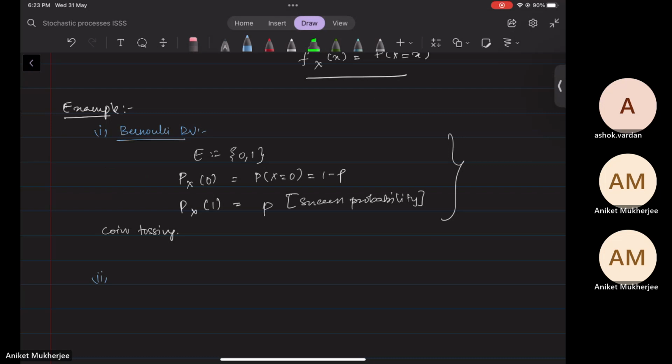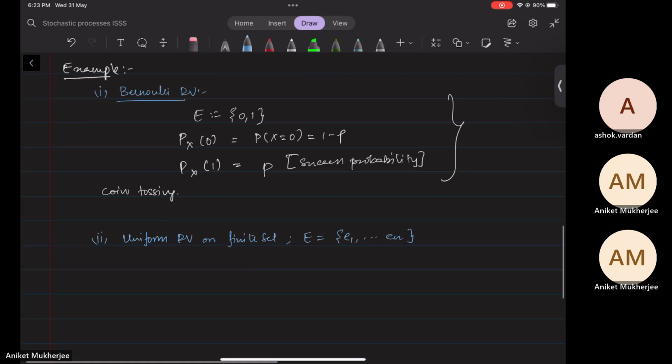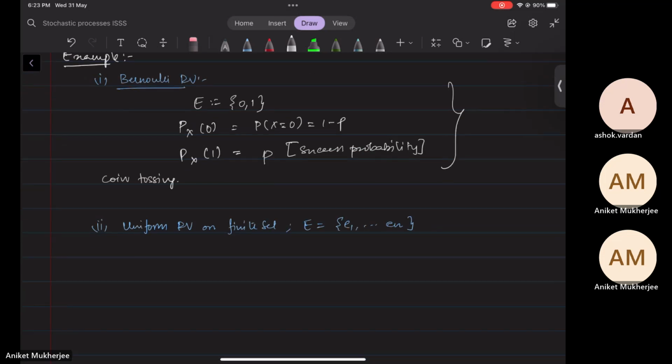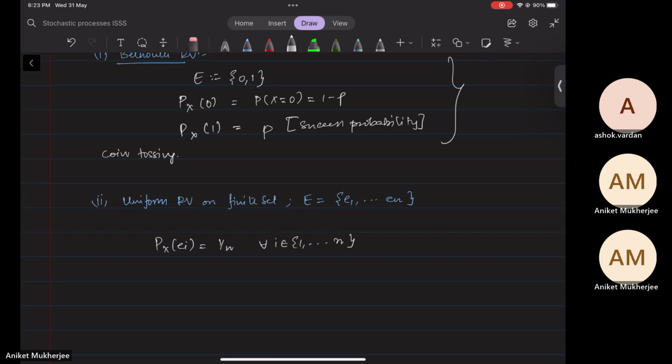Next, we have the uniform random variable on a finite set E equal to {e1, ..., en}. We have the probability of e_i equal to 1 by n for all i belonging to 1 to n.